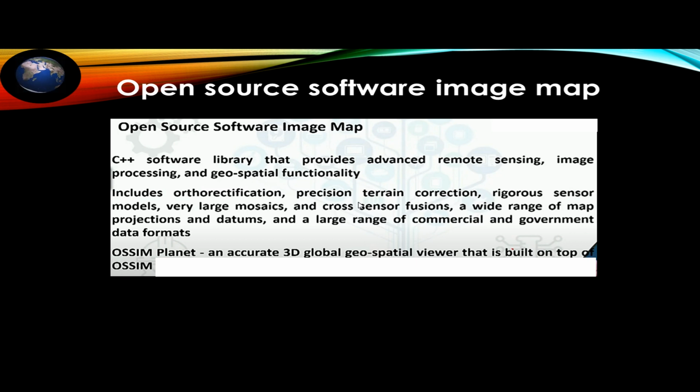That's why we do orthorectification, which helps us bring it to the same latitude longitude, correctly located on the GIS. So precise terrain correction and rigorous sensor model, very large mosaicing. Mosaicing means when we have, as I have downloaded from Bhuvan, two tiles, right?